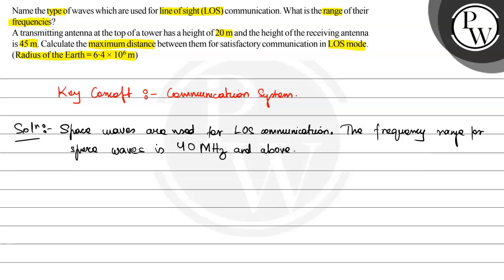Since the wave has to pass the ionosphere, we have to give an ample amount of energy to the wave. So the frequency that is used in this wave is very high, so that energy becomes very high. So this is the answer for the frequency range. Let's solve the next question.